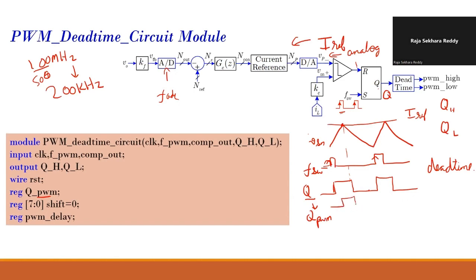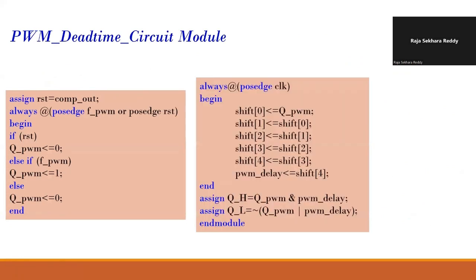QH will be something like this, and your QL will be something like this. This is your QH and this is your QL with some suitable dead time. And this is the code for generating the dead time.